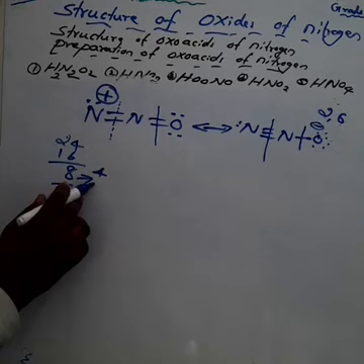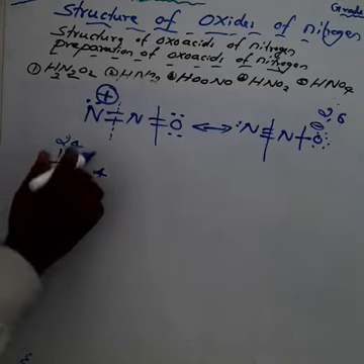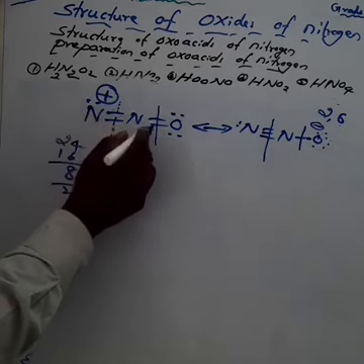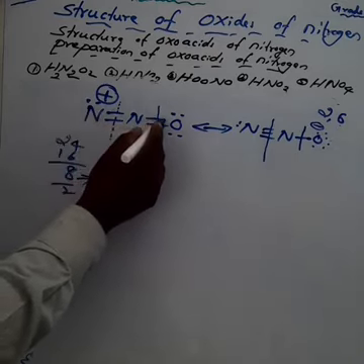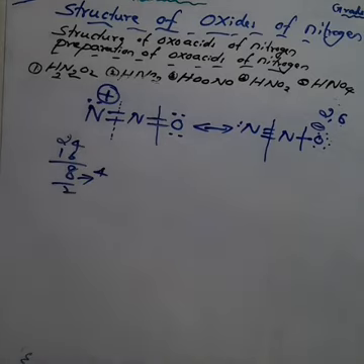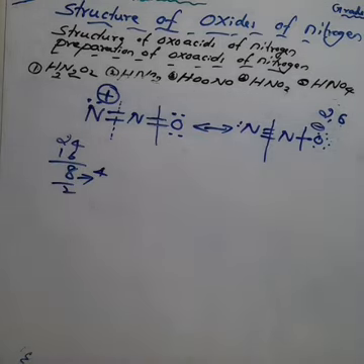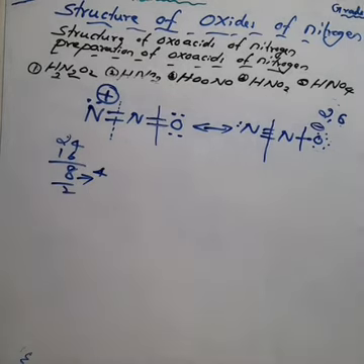So 4 means here we have 1, 2, 3, 4 bonds. Next, out of 16, 8 are used and the remaining is 8, leaving 4 electrons. So these remaining 4 electrons we can accommodate on the oxygen.